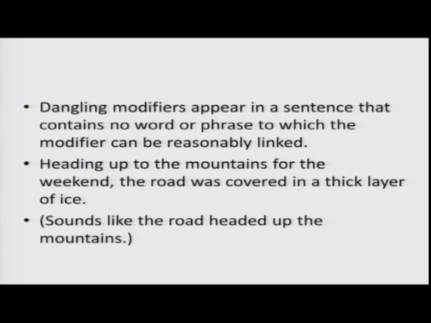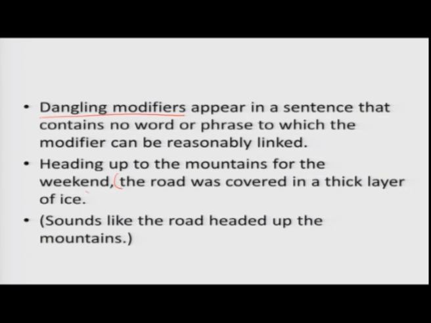The second issue is what we call dangling modifiers. This appears in a sentence that contains no word or phrase to which the modifier can be reasonably linked. You have used it, but what it is modifying, that is the modified part, is not explicit. Look at the example. Heading up to the mountains for the weekend, the road was covered in a thick layer of ice.